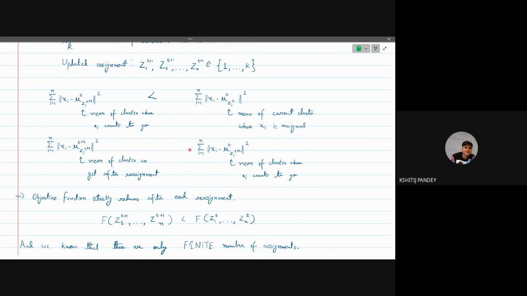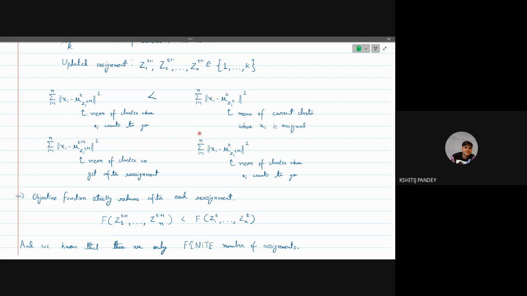So after reassignment, we are calculating the distance between each point and the mean of its new cluster. Now we have entered iteration t plus 1. And this is the mean of the cluster where your point is present at this stage.